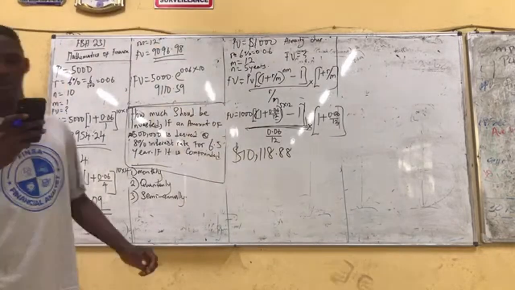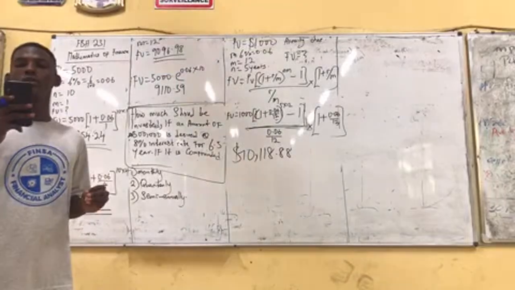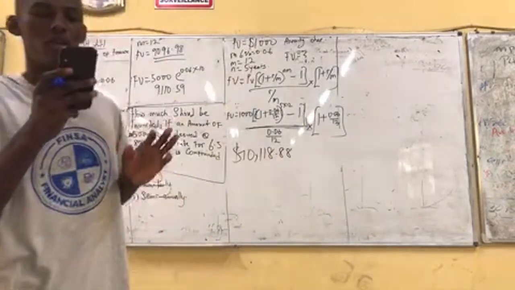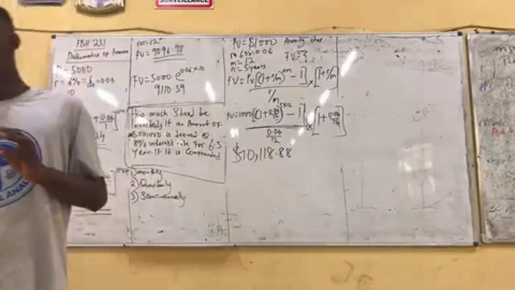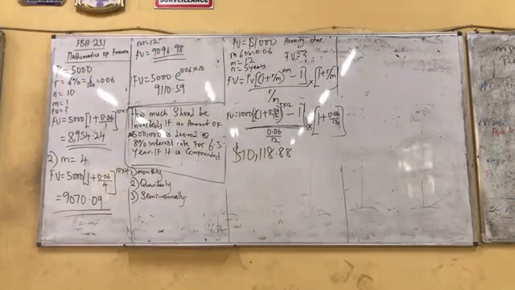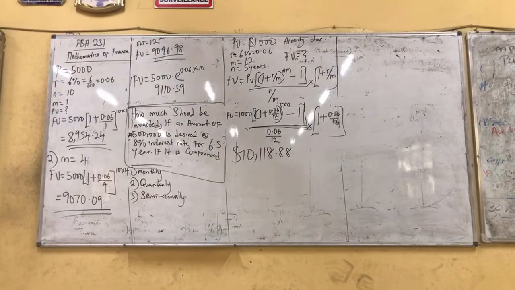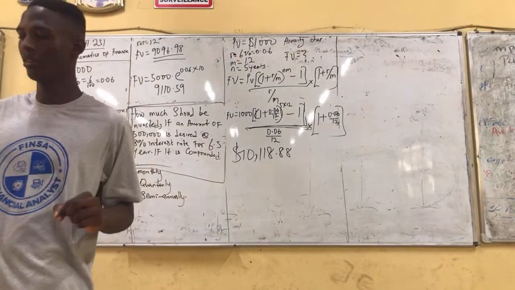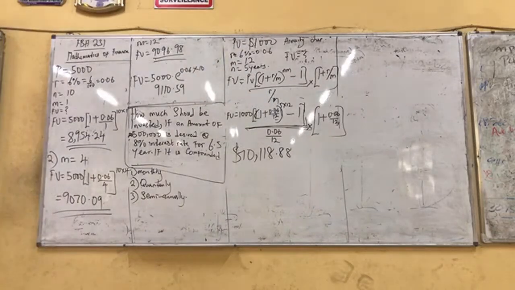Alright, let's move forward. A regular sum of 2,500 naira is invested at the beginning of every year at 3.5% interest, compounded annually.